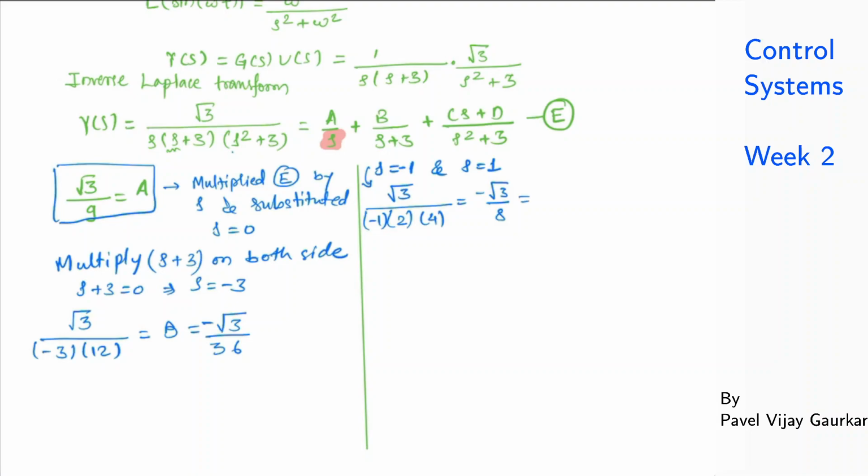Now coming to the right hand side, s is minus 1. So we will have minus under root 3 by 9, which is nothing but a. And then with s equals minus 1, we'll have b by 2, which is minus under root 3 by 36 into 2, which is 72.